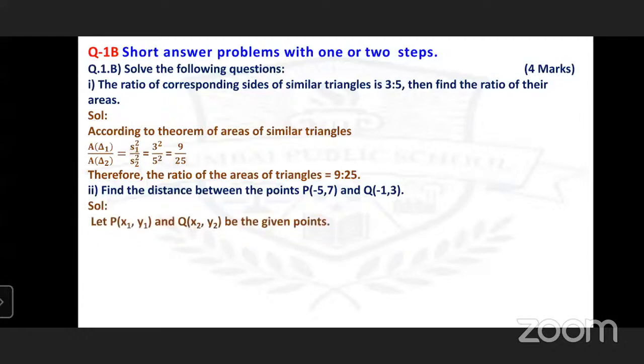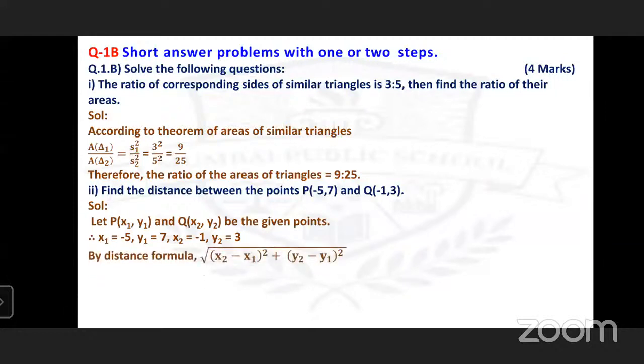Now see the solution. Let us consider point P is (x1, y1) and Q is (x2, y2). Then comparing, we get x1 is equal to -5, y1 is equal to 7, x2 is equal to -1 and y2 is equal to 3. Then we write the distance formula, under root (x2 minus x1) square plus (y2 minus y1) square.